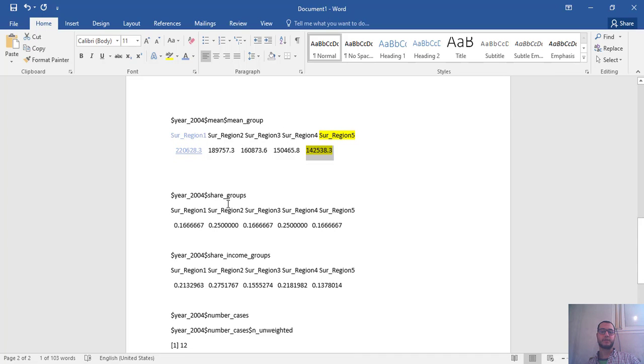Now we have the shares of the groups. Sub-region 1 contributes to the total GDP by this percent, 16.66, and sub-region 5 contributes with this percent.